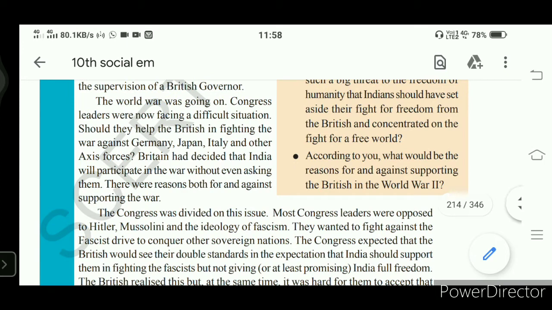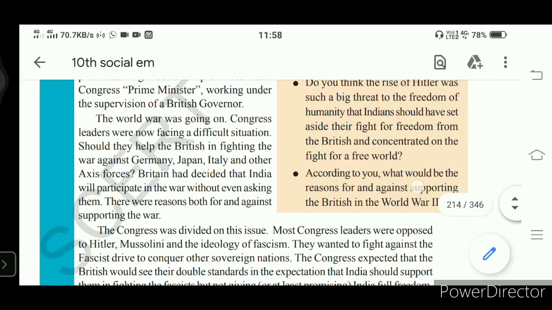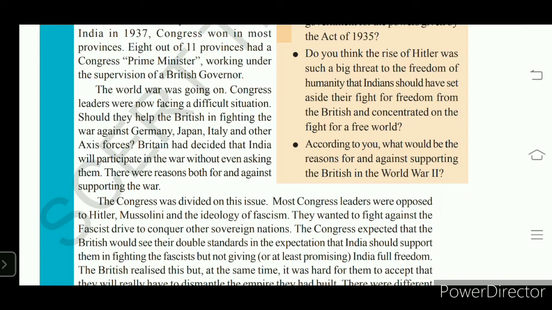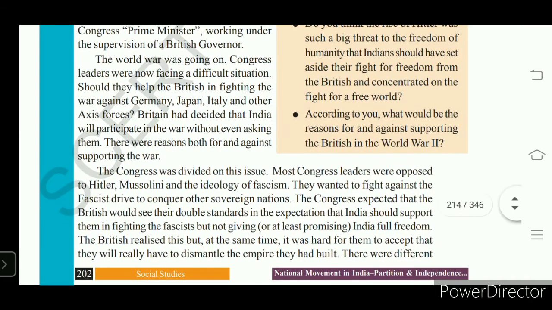So here, Congress was divided on this issue. Most Congress leaders were opposed to Hitler, who was the founder of Nazism, and also to Mussolini, who was the founder of fascism.